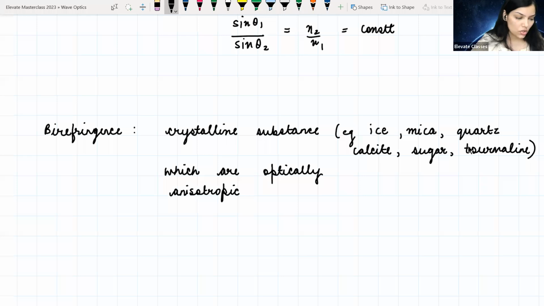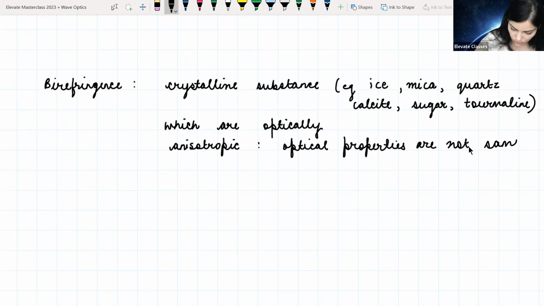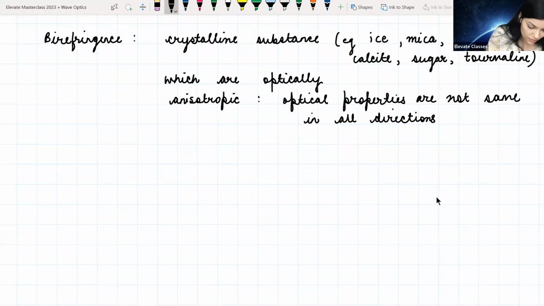So optical anisotropy means that the optical properties are not the same in all directions. This effect is related to birefringence, also called double refraction. Sometimes they are used interchangeably.